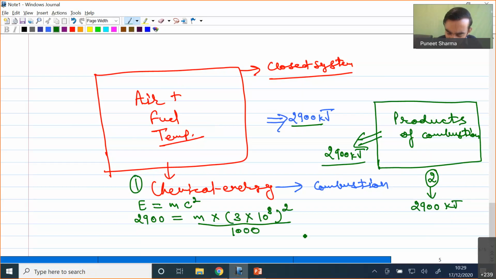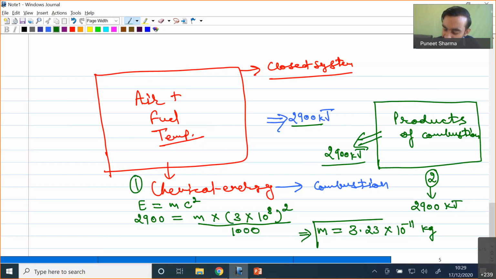If you do this calculation, you will find that the mass is equal to 3.23 times 10 to the power minus 11 kg.